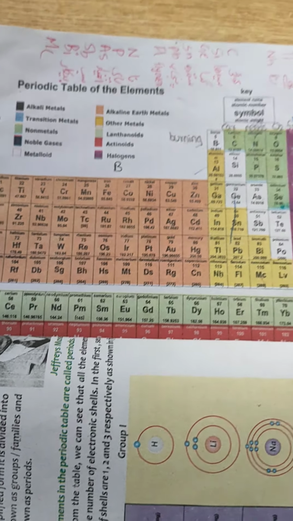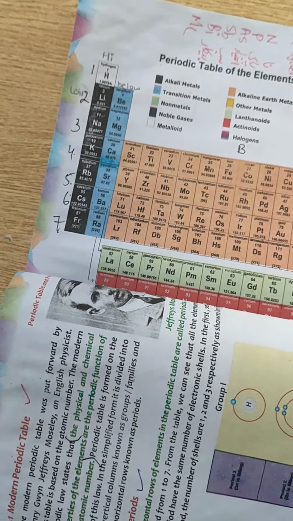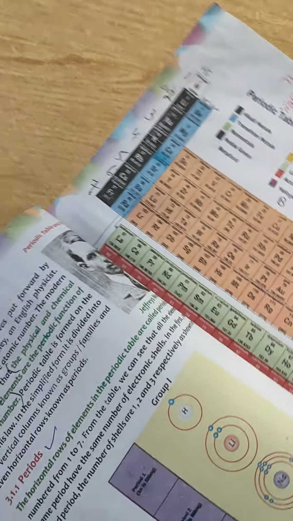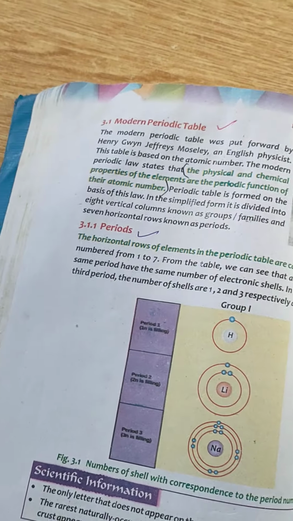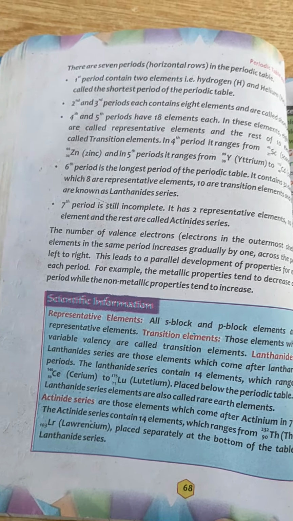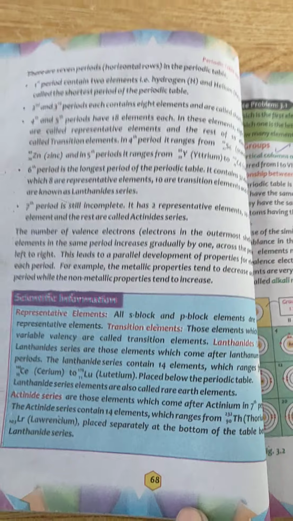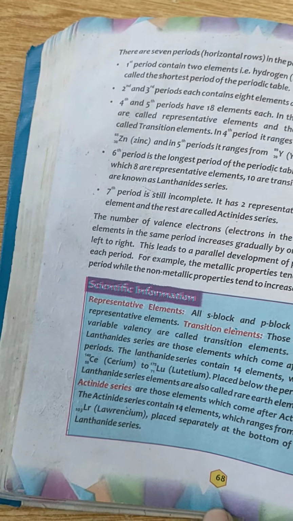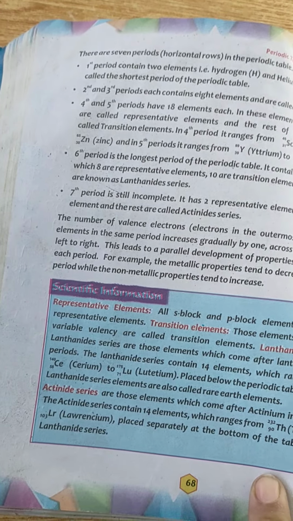So in today's lecture we discussed the periods in detail. You can read the content from your book, pages 66, 67 and 68. All the detail is mentioned on these 3 pages. In the scientific information, you can also see the definitions of representative elements, transition elements, lanthanide series and actinide series.